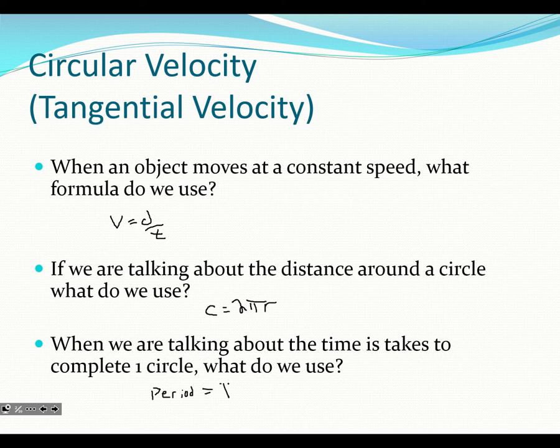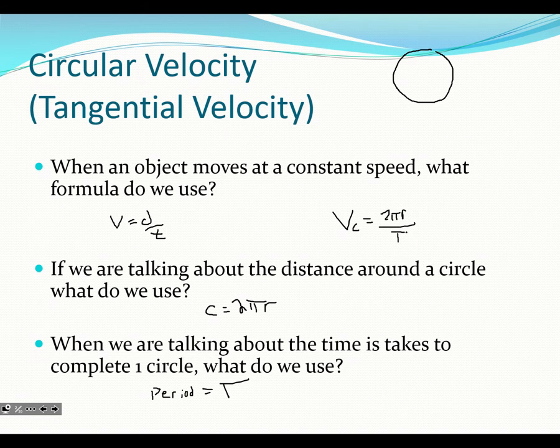or T, right? So what this means is that if we want to find the velocity of something moving in a circle, instead of distance, we're talking about our circumference, and instead of time, the time it takes to complete one circle, which we call the period. So we can use 2 pi r instead of distance, and period instead of time.